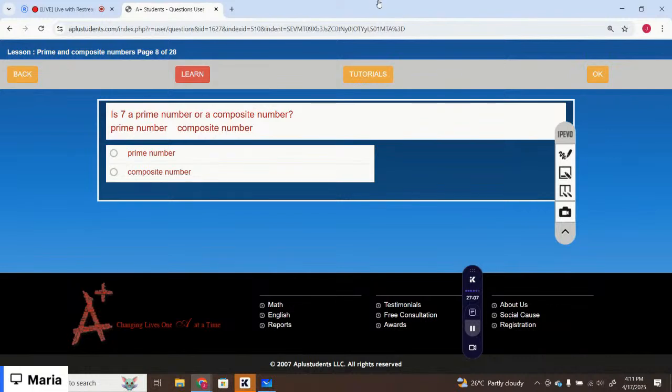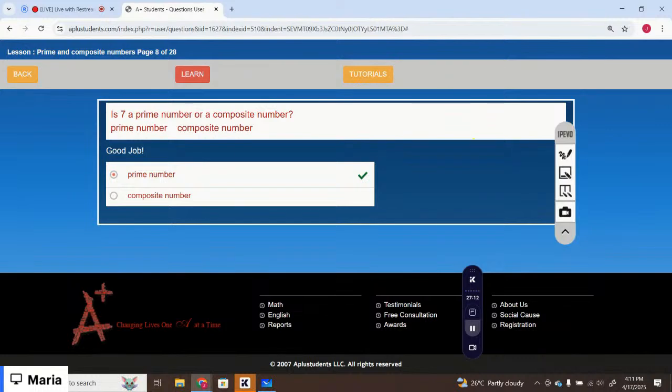So 7 is a prime number. Option number 1 is the correct option.